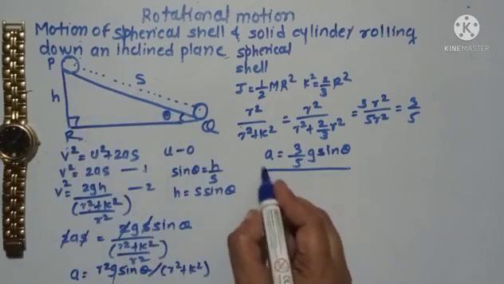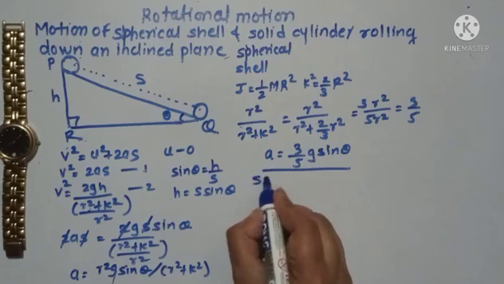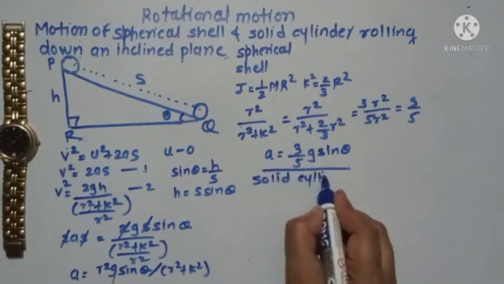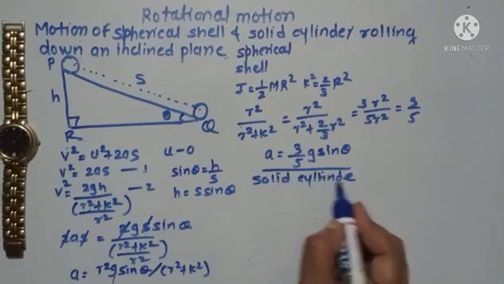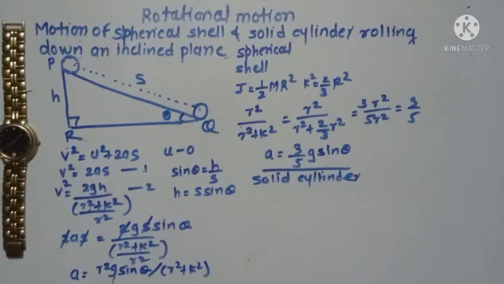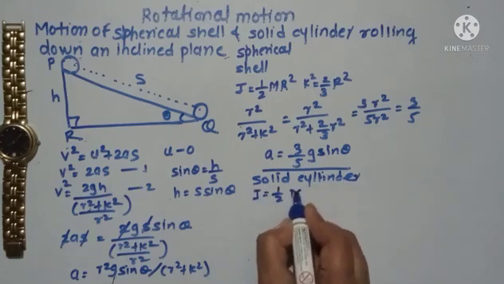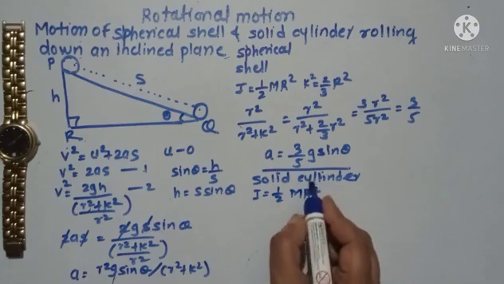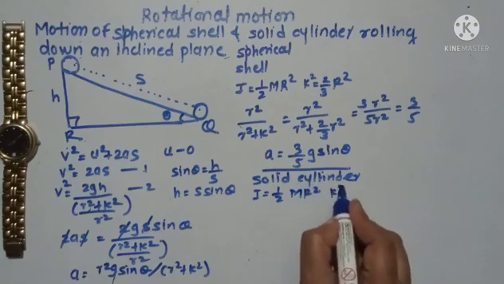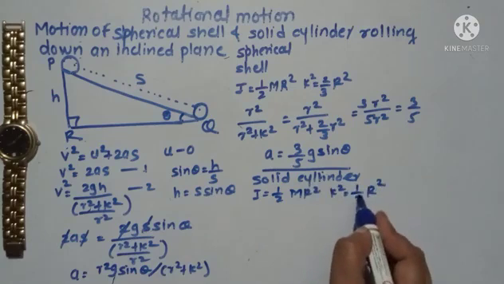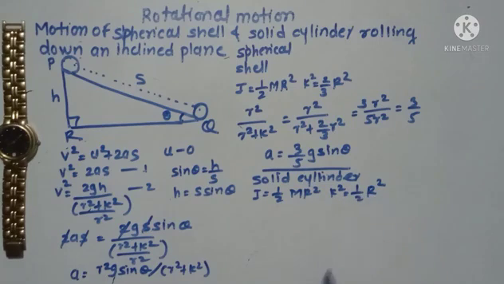Now let us calculate the same acceleration for the solid cylinder. For a solid cylinder, we have already calculated the moment of inertia, I was 1 half m into r square, and the relation between the radius of gyration and the radius is k square is equal to 1 half r square.